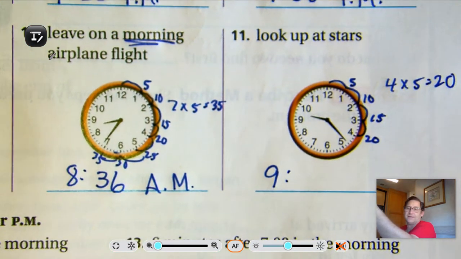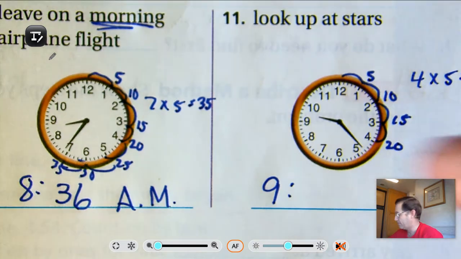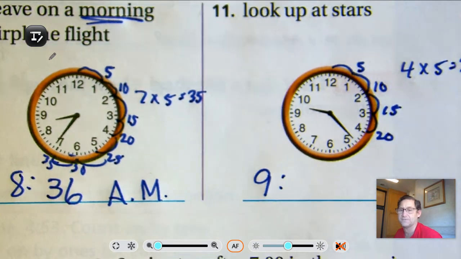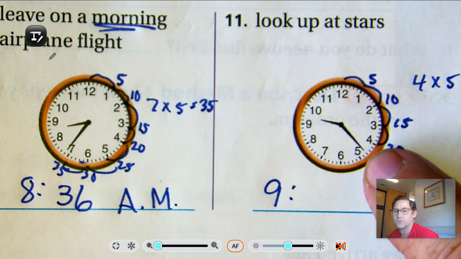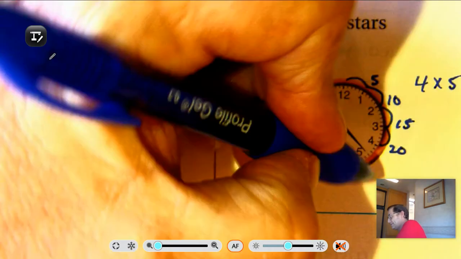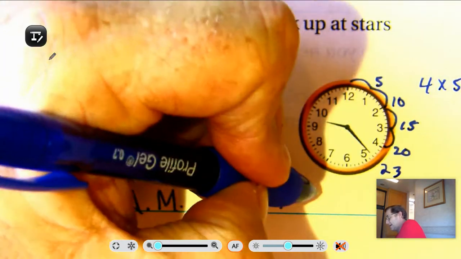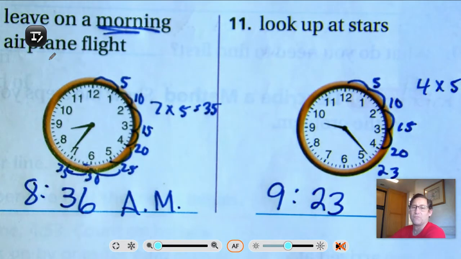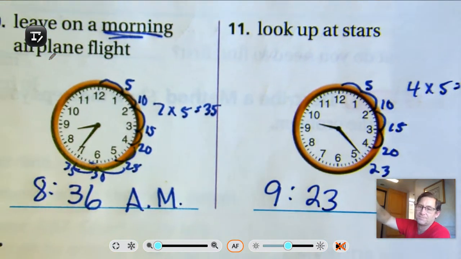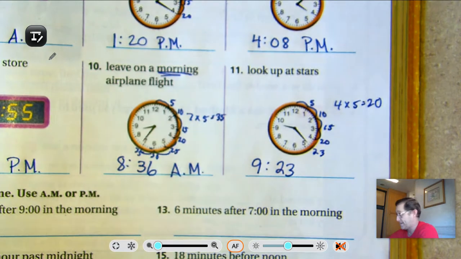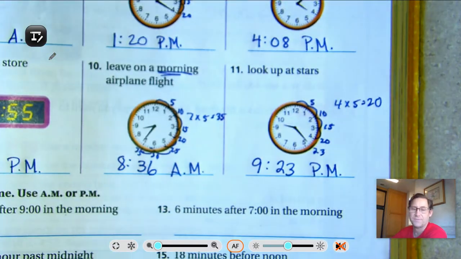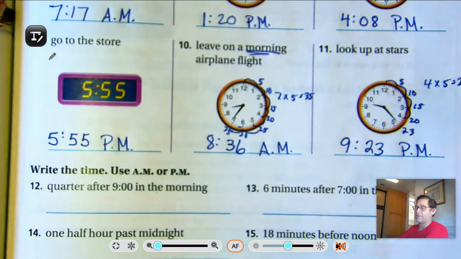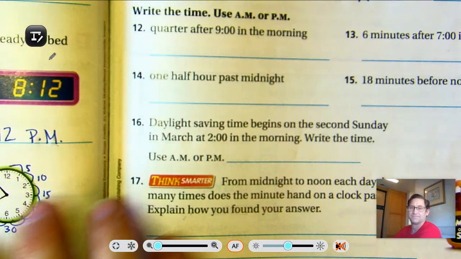Then once I reach the 20, I count how many 1 minute marks past the 4 it is. So it's 20, 21, 22, 23. So 9:23. And we're looking up at the stars. That's PM. Okay, it needs to be dark out, right? 9:23 PM. 9:23 AM, the sun's out.